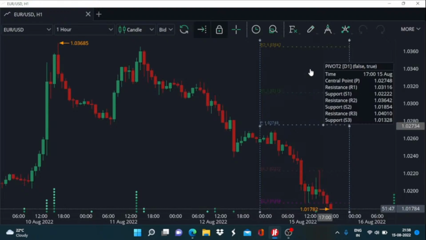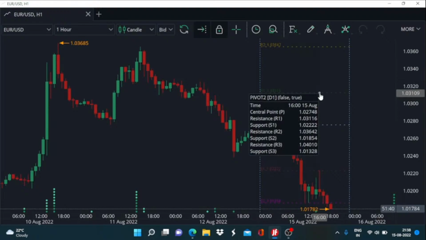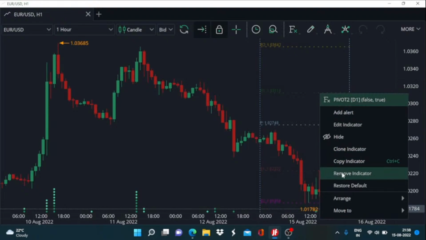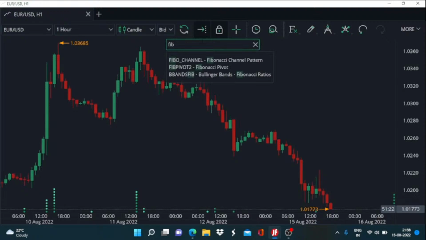And you simply have to do a quick search and you will find this indicator. Type in the name Fibonacci, and here it is, Fibonacci pivot.